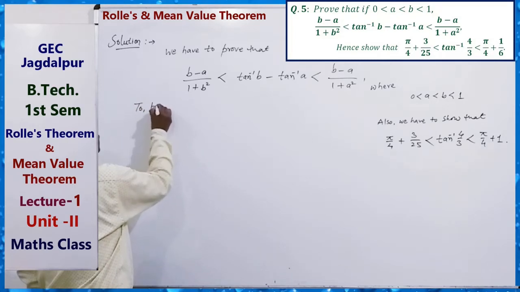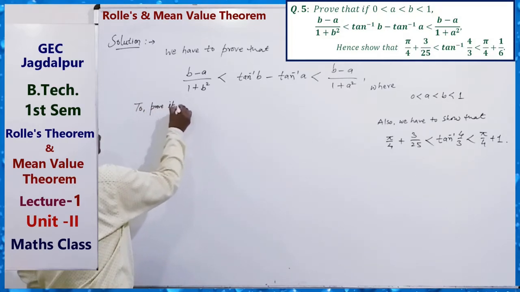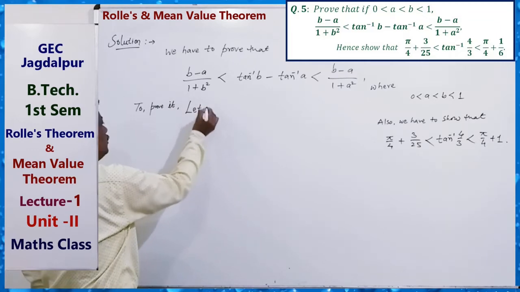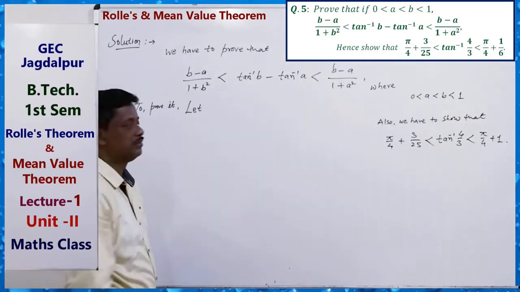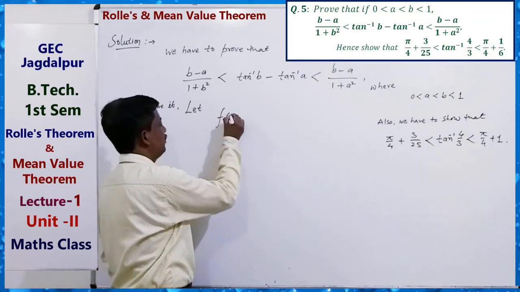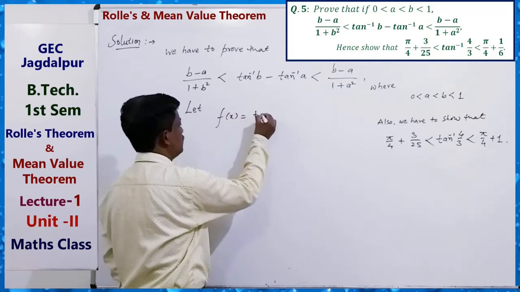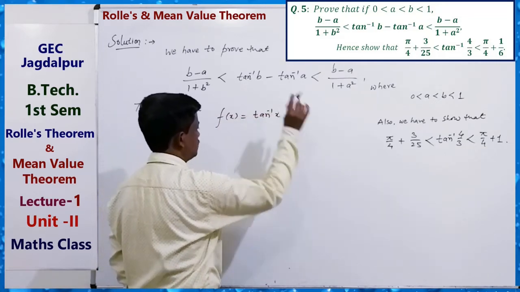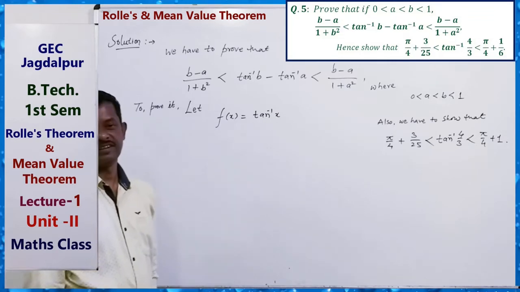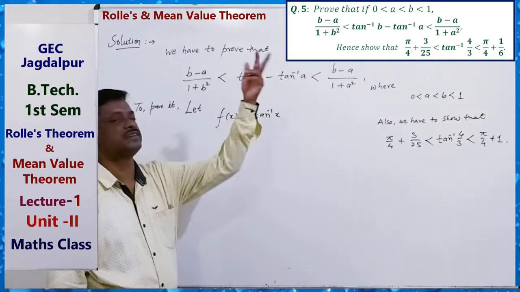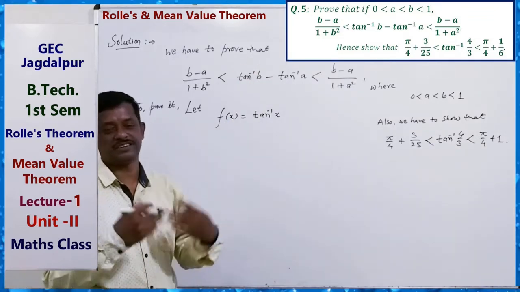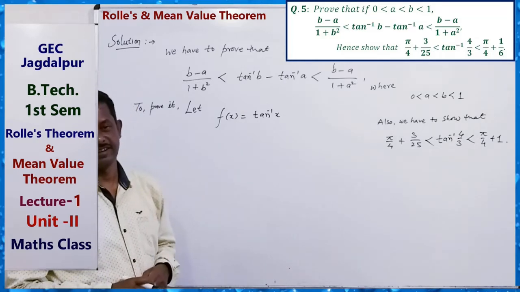To prove it, let us suppose the function f(x) equals tan inverse x. Then f(b) minus f(a) is tan inverse b minus tan inverse a. So we can start from here. Clear?